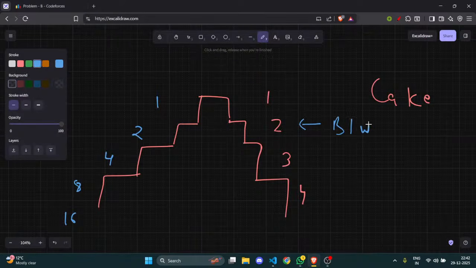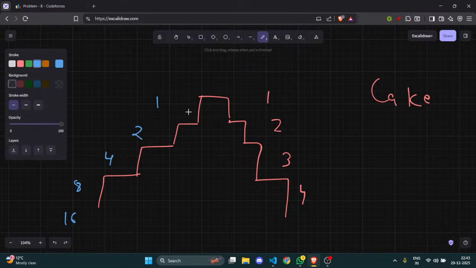So the second layer should be covered with exactly one chocolate, either black or white. If I cover the second layer, I would require either 2 kg of black chocolate or 2 kg of white chocolate. So rule number 1 is that the layers are in increasing powers of 2: 1, 2, 4, 8, 16, and so on.